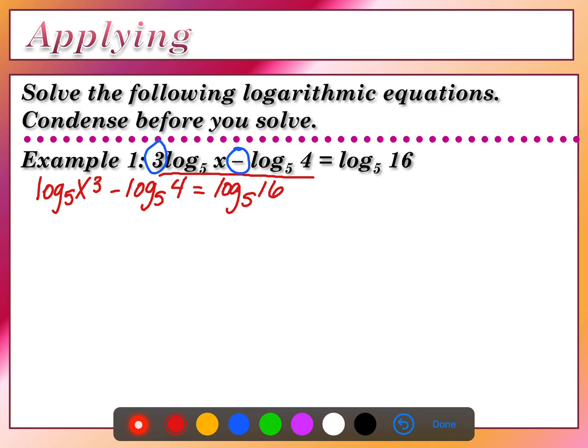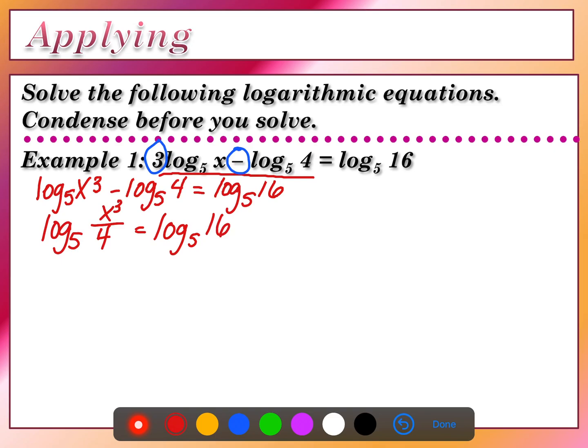Now this subtraction, I'm going to condense to be one log. Again, they have to be the same base, and when you condense, they stay base 5. And now subtraction is going to condense into me dividing those two values.